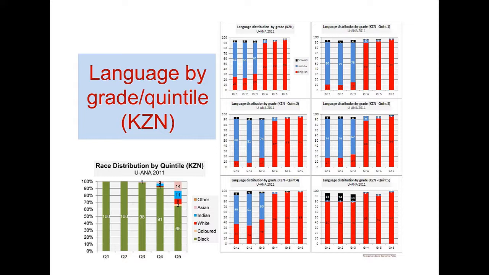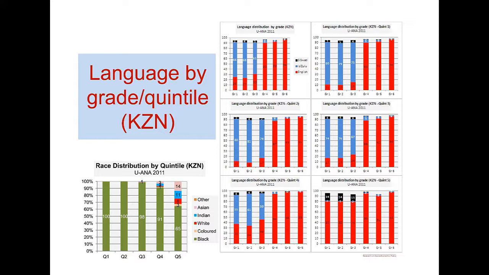The black bars are Siswati, the blue bars are isiZulu, and the red bars are English. In grade 1, 25% of students are learning in English. This is in the whole province. Whereas 66% of students are learning in isiZulu and 3% are learning in Siswati, and the rest are a bunch of other languages, too small to put on the graph.